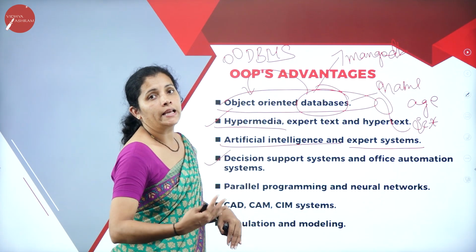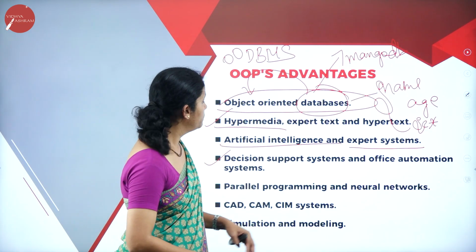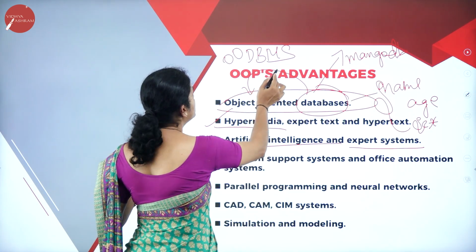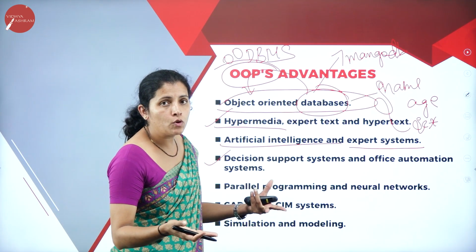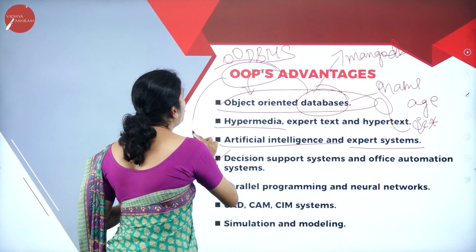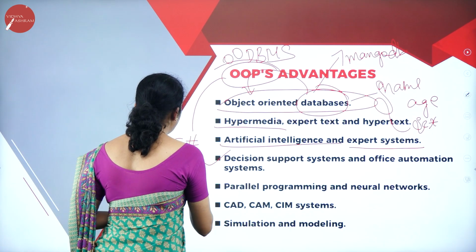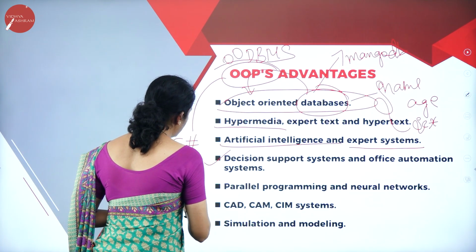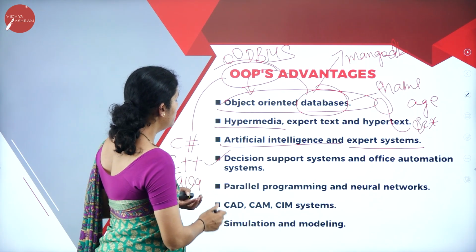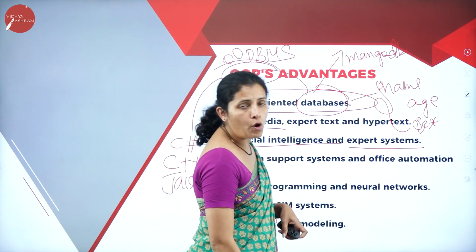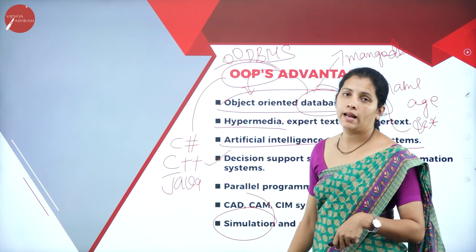And to design CAD, CAM or CIM systems, we are going to use object-oriented programming. So what is an example of object-oriented programming? That is C#, C++, then Java, etc. Then for simulation and modeling, once again we are going to use an object-oriented programming language.